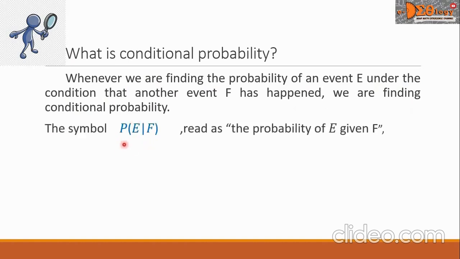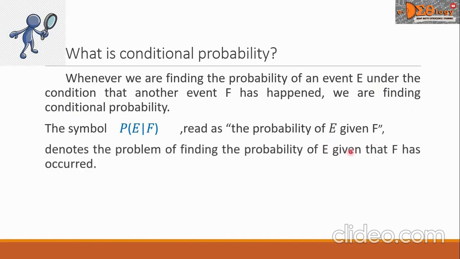This is the symbol that is used for conditional probability, and this is read as the probability of E given F. It denotes the problem of finding the probability of E given that F has occurred.